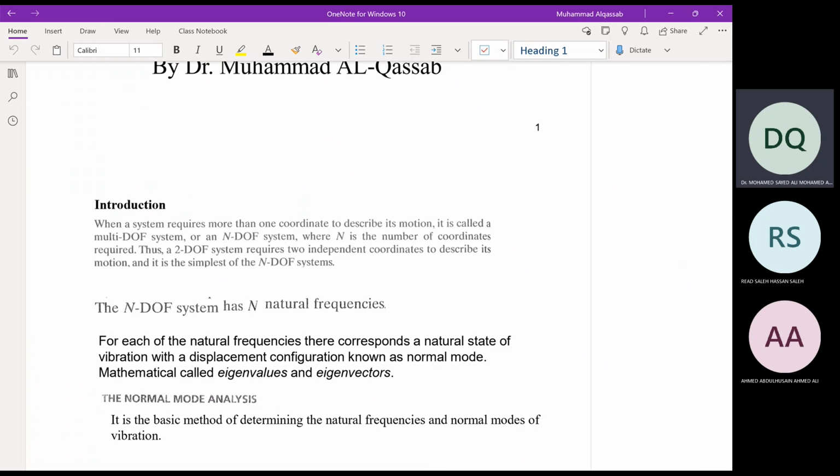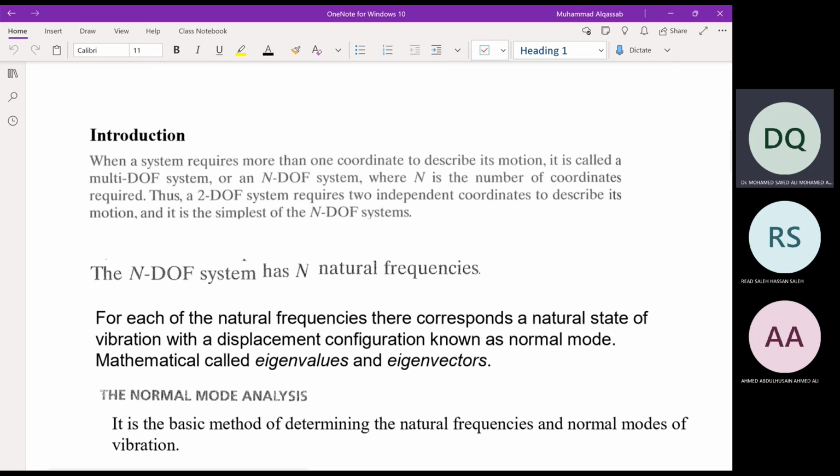We call it omega n. That is the only frequency, because a single degree of freedom system will have only one natural frequency. So as a rule, the number of natural frequencies in the system is equal to the number of degrees of freedom.